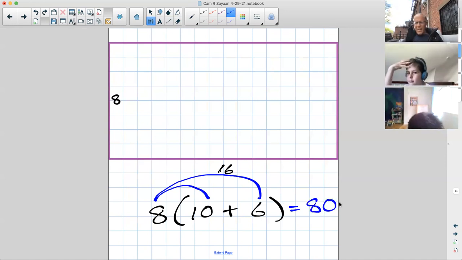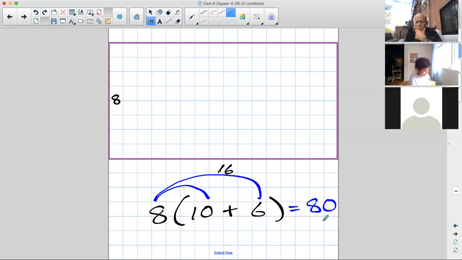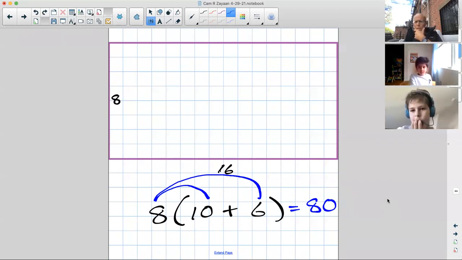And that's 80. Now, I want Cam silently for you to do 8 times 6 while Zion tells me what he has. So Zion, what'd you come up with? Cam, I lost you. Zion, can you still hear me?